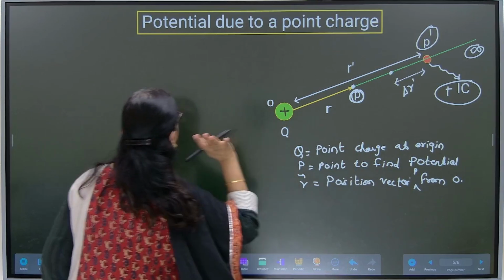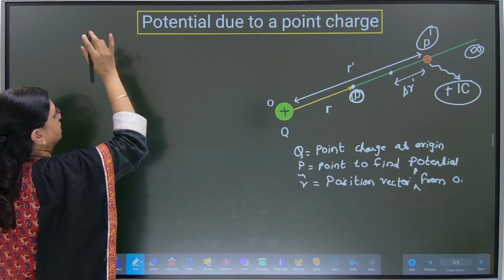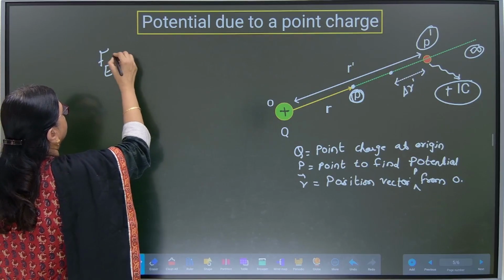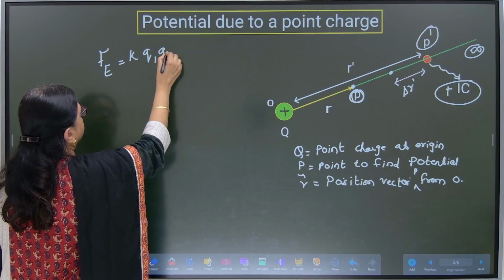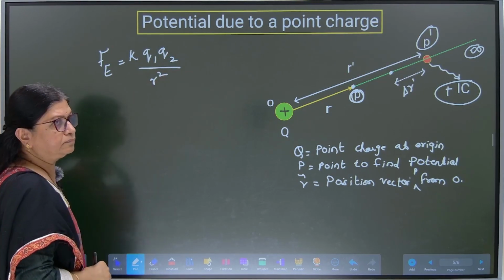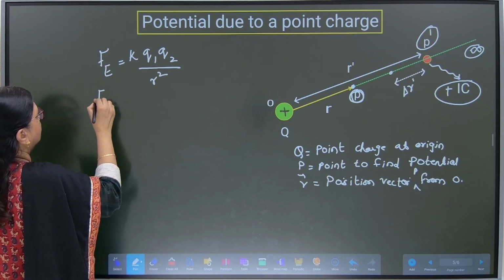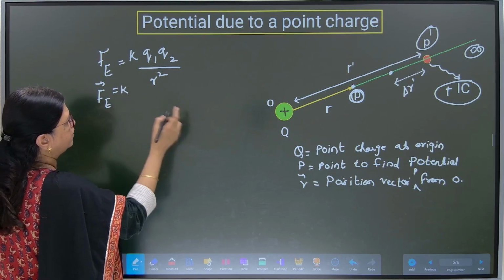What is that force of repulsion between the charge Q and 1C? So, what is the force? Fe is equal to, what is the formula? K Q1 Q2 upon R square. Correct? Here, we can write K. What is our Q1?